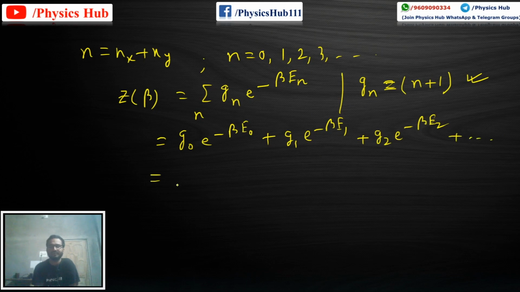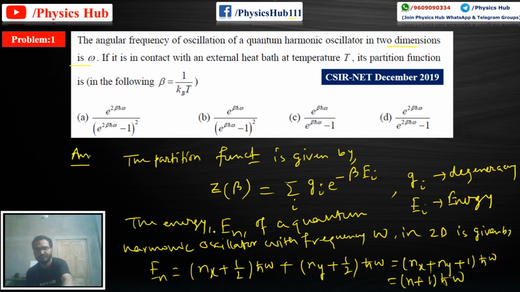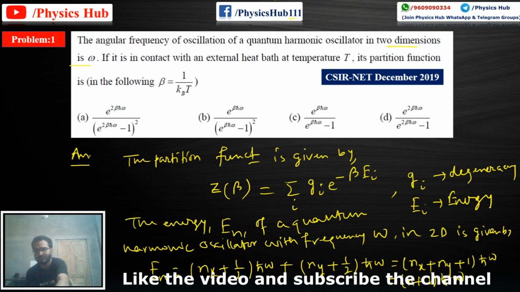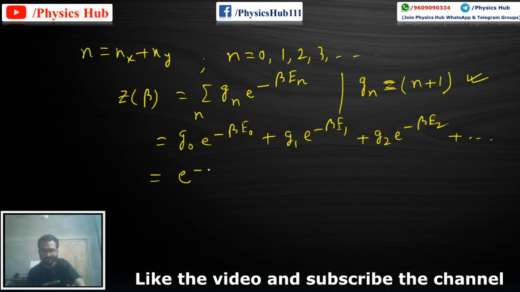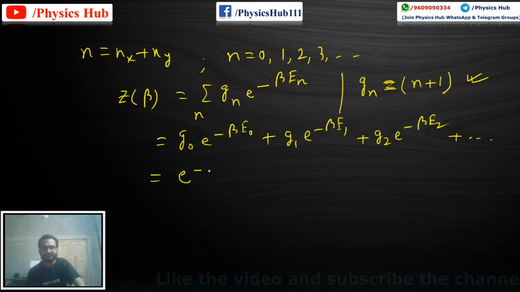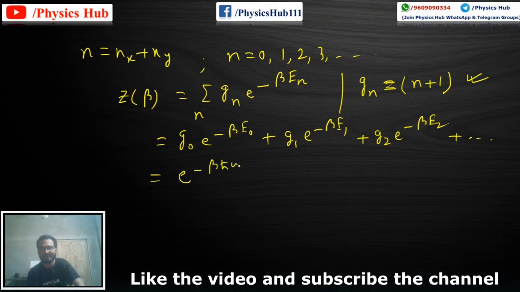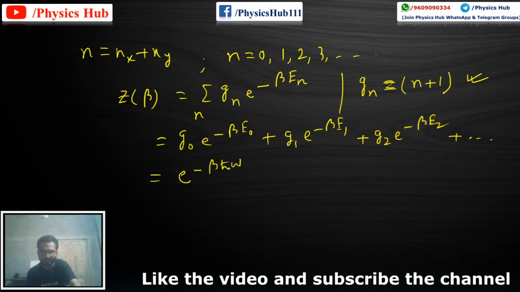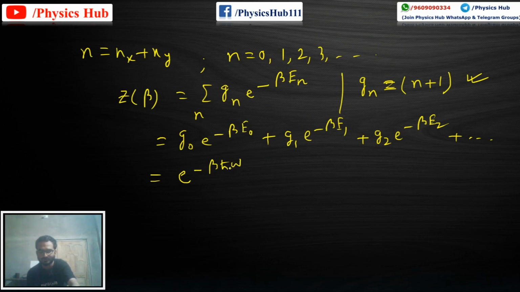Now look, the degeneracy for n equals 0 is 1, so e to the power minus beta e0, and by putting n equals 0 in this expression, e0 is h cut omega, so e to the power minus beta h cut omega. Next, the degeneracy g1, by putting n equals 1, you get 2.